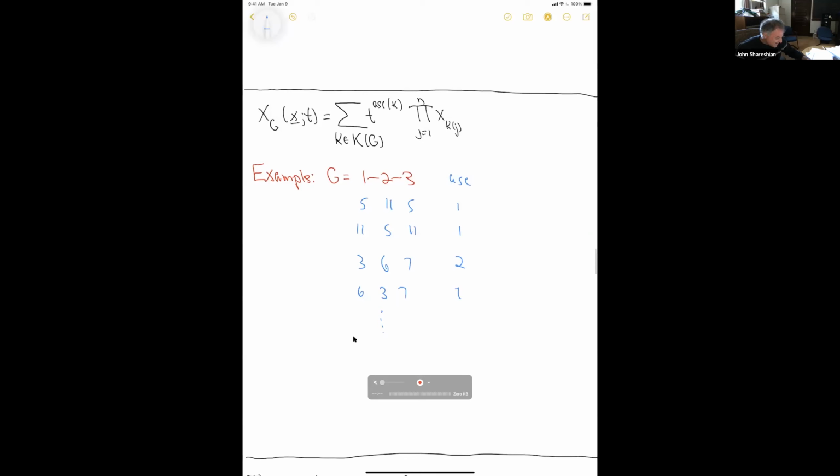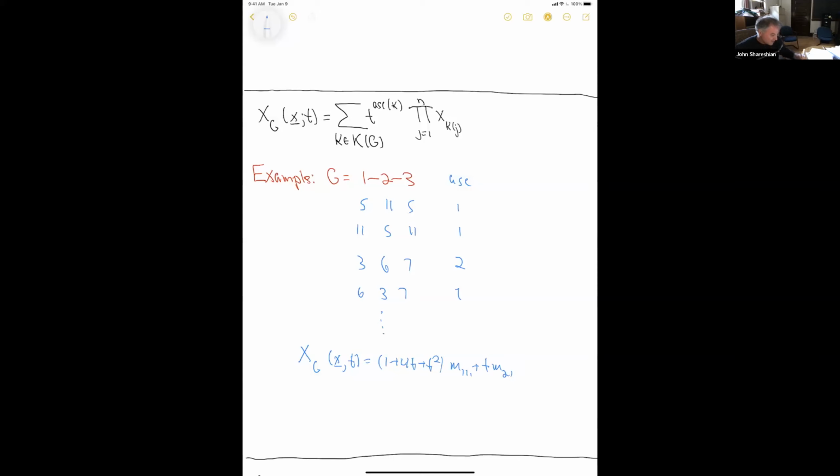So what I get in this case looks like this: 1 plus 4t plus t squared m11 plus t m21. And actually, I prefer to write it as a polynomial in t.